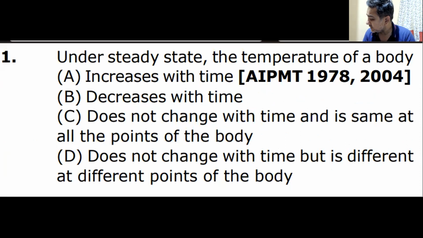Under steady state, what happens? A, B, C, D, 1, 2, 3, 4. Which option is correct? Can I have your answers, please? Under steady state, the temperature of the body increases with time, decreases with time, does not change with time and is the same at all points of the body, or does not change with time but is different at different points of the body.